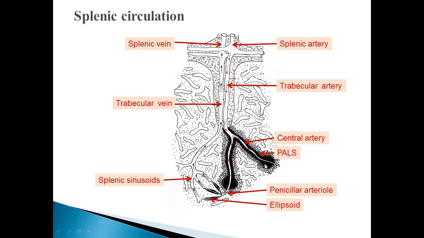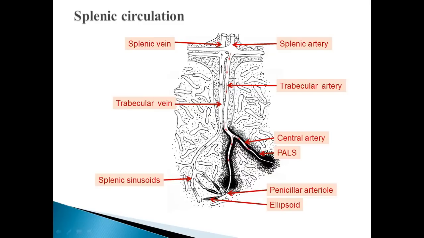These are straight vessels, which will present a localized thickening known as ellipsoid. These ellipsoids will run further and divide into capillaries. From these capillaries, the blood will run into the sinuses.